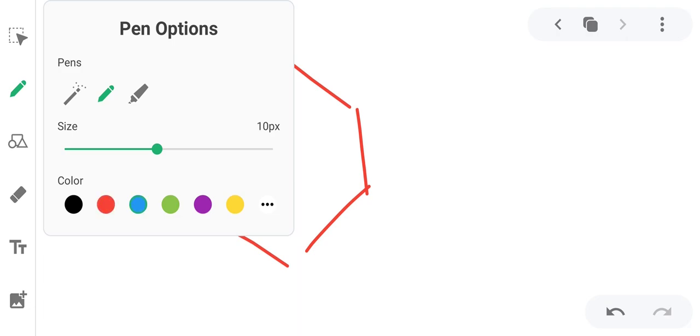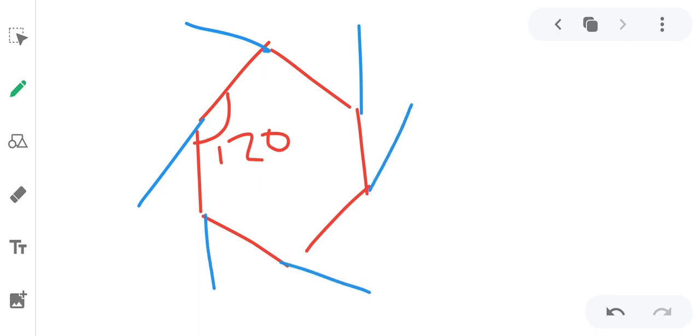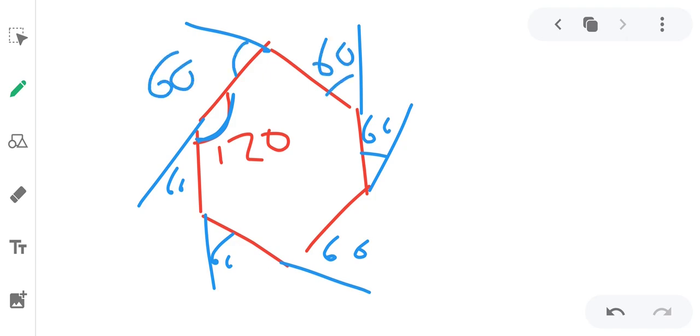Let us suppose we have to find out the measure of external angles. We have to extend this line segment, this one, this one, this one, and then this line segment. If this is 120, the remaining part will be 60. Same is the case here. This will again be 60, this again 60, this again 60, and this again 60 degrees.